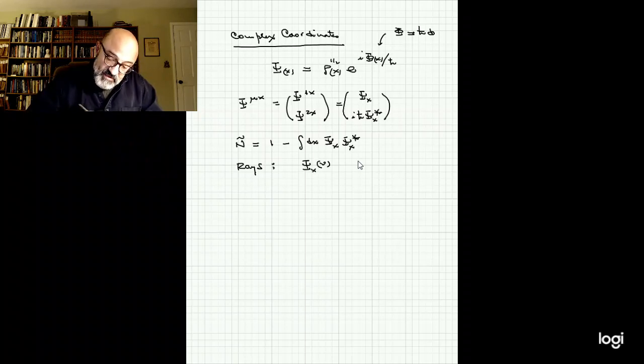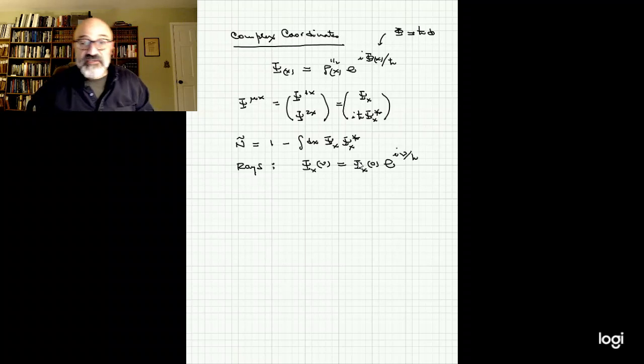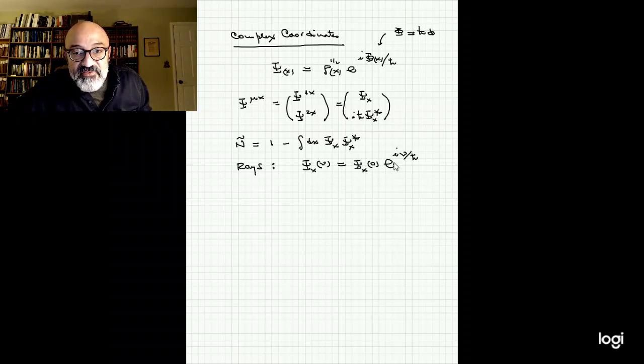If you have the flow parameterized by nu, this is going to be the wave function at the original point multiplied by this constant, and in this case the constant gets divided by h. So multiplication of the wave function by a phase factor does not lead to a new state. That comes from the normalization constraint.